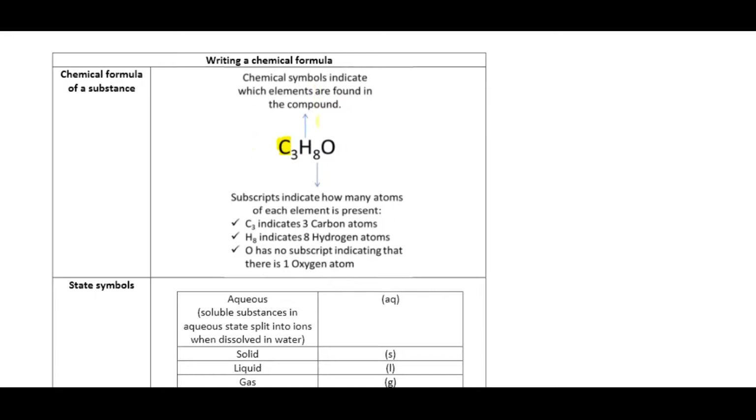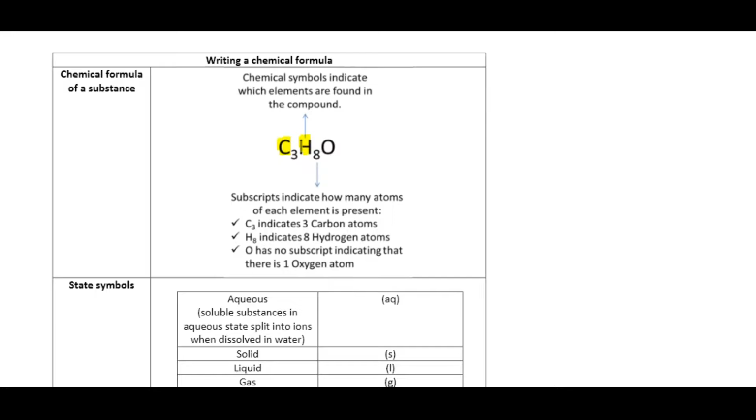So this whole molecule here, this C3H8O, this entire molecule here, is a compound. The symbols C, H, and O represent elements. C represents the element carbon. It's a symbol for carbon.